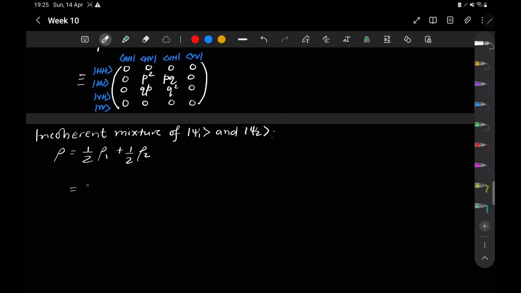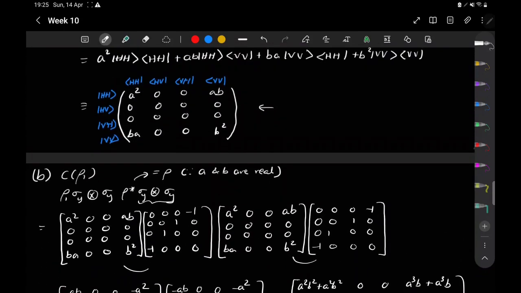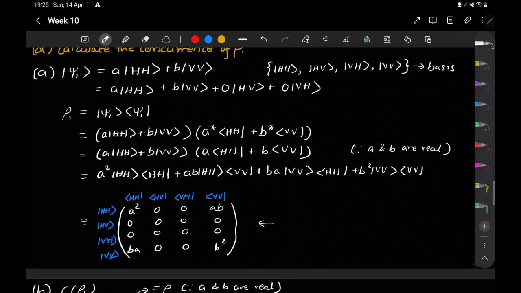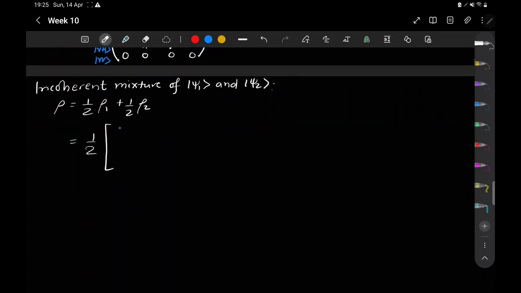So this gives me rho as half. Let's write down rho 1. Where is rho 1? This is rho 1. So half rho 1 plus half of rho 2.